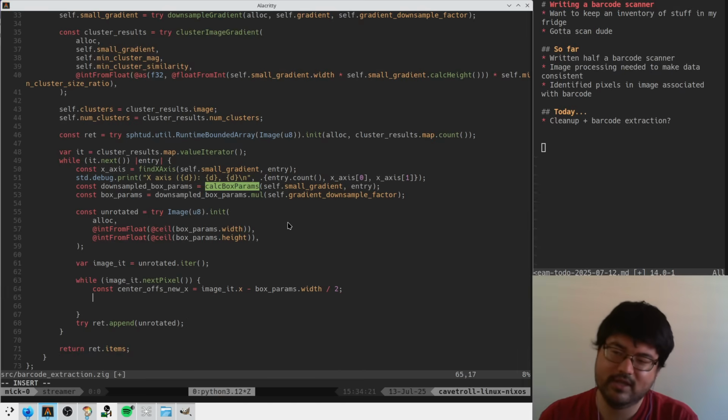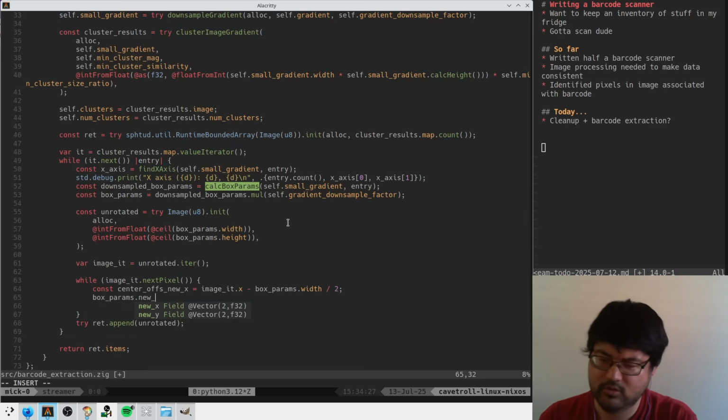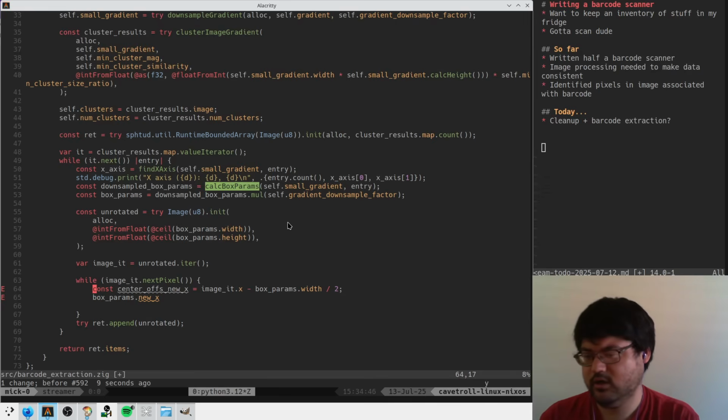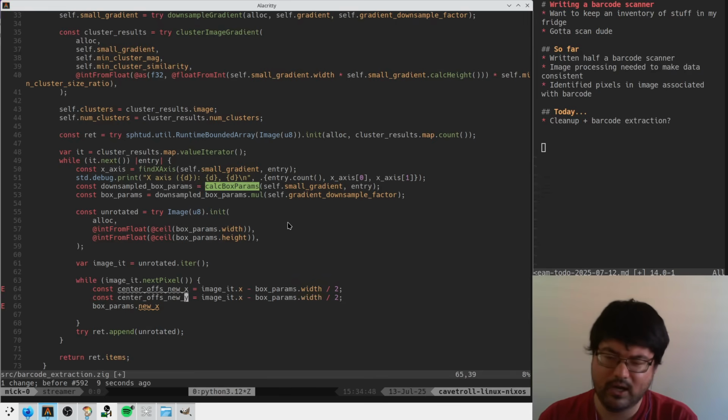We multiply this by the new x-axis. Right, we say how much of this? This is not a dot product. This is just a straight multiply. And we have new y as well, presumably.